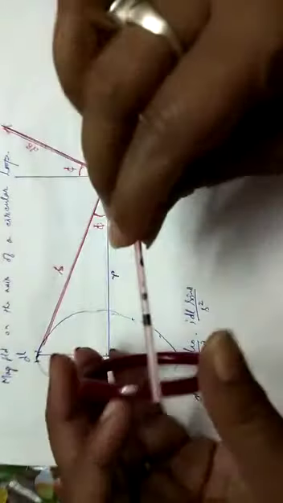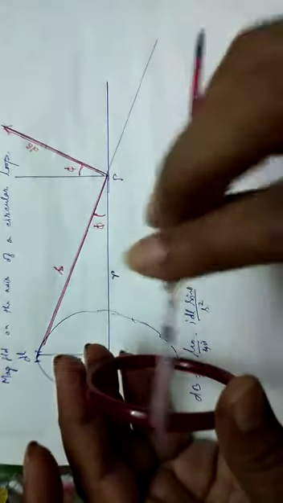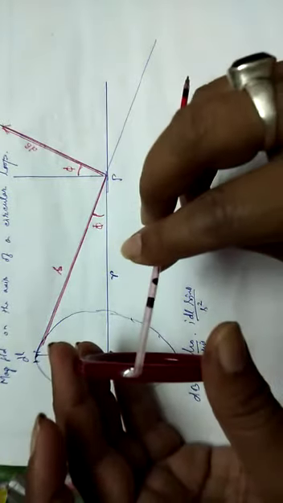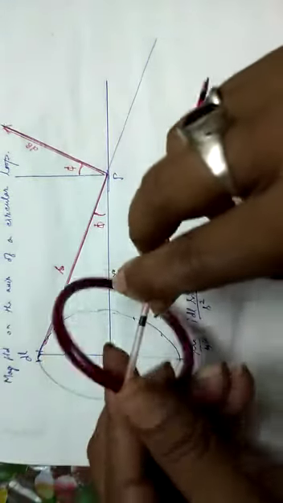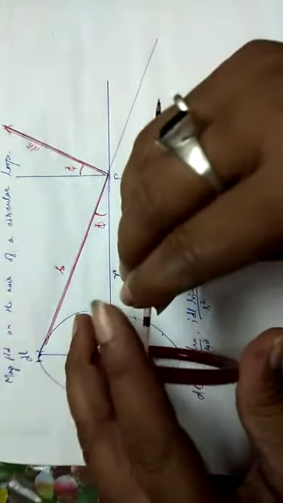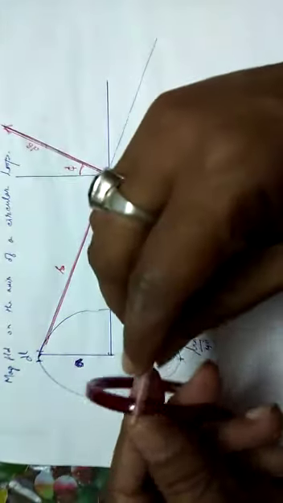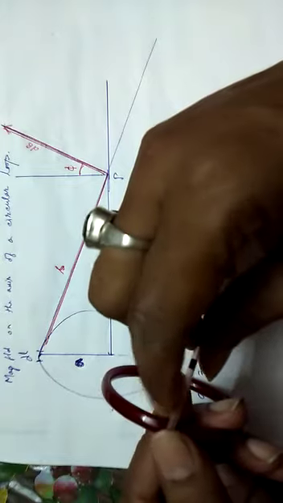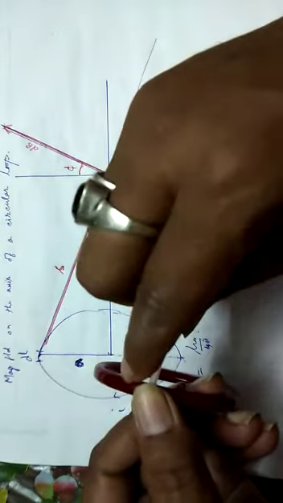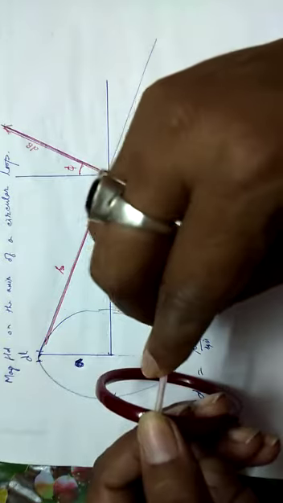If this is dL, and this is the displacement vector, this is your circular coil, and here it is making an angle of 90 degrees. So the displacement vector and I dL are perpendicular to each other.